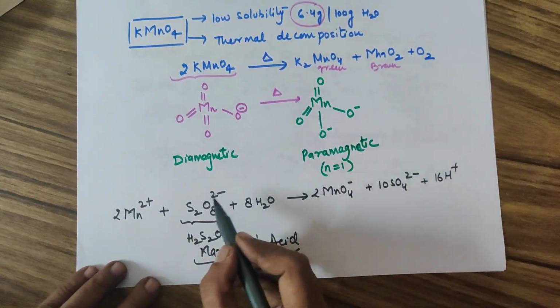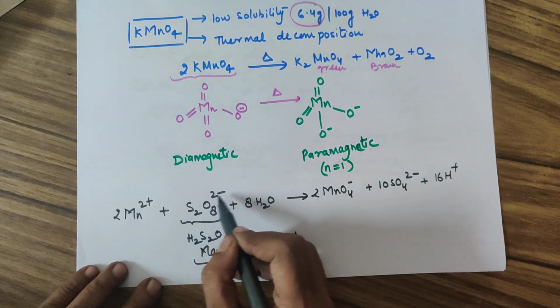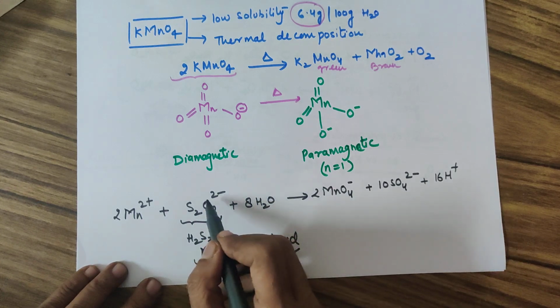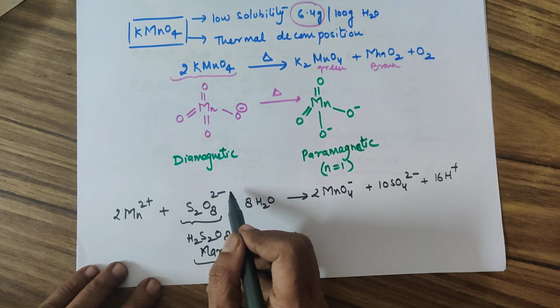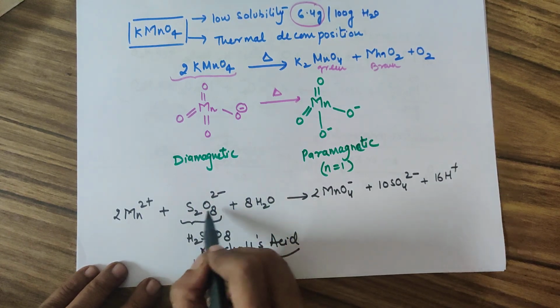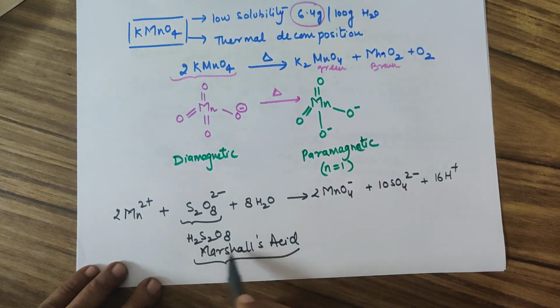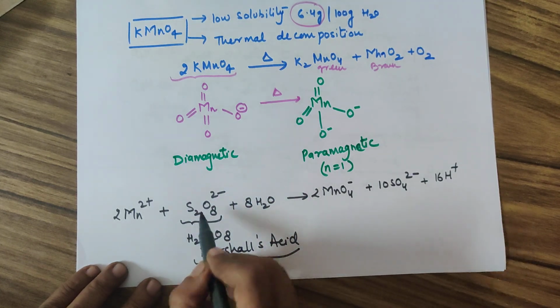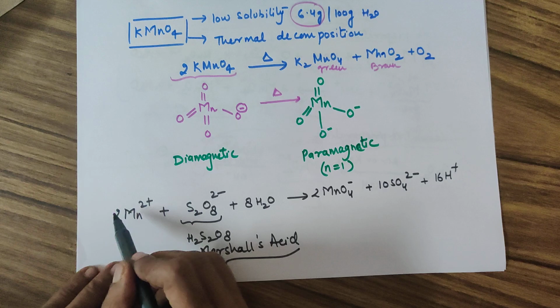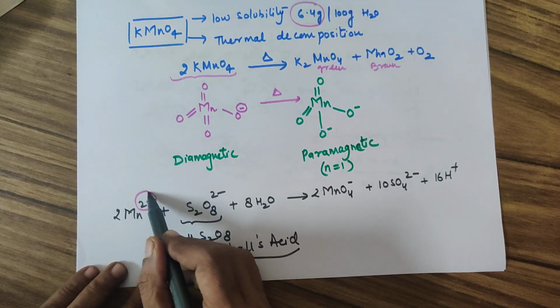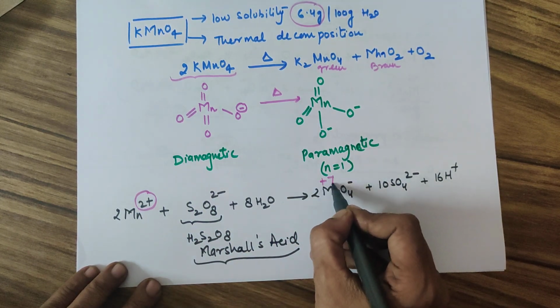Now there is a special compound, the S2O8 2- ion. This S2O8 2- ion is your peroxodisulfate ion. This is obtained from Marshall's acid. What is so special about it? This is a much stronger oxidizing agent than KMnO4. Have a look. Mn is going from +2 to +7.